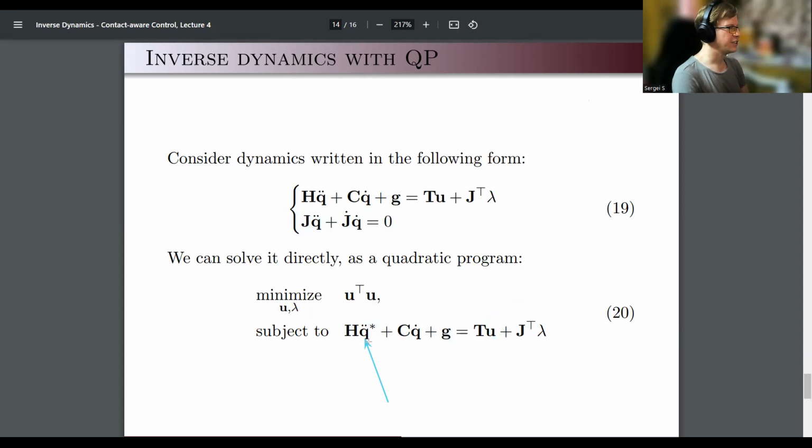And finally, if there is a u double dot which agrees with this constrained equation, but cannot be reproduced by any variables here, then it is underactuated. Okay. This is a more correct way, I would say, to discuss those things.